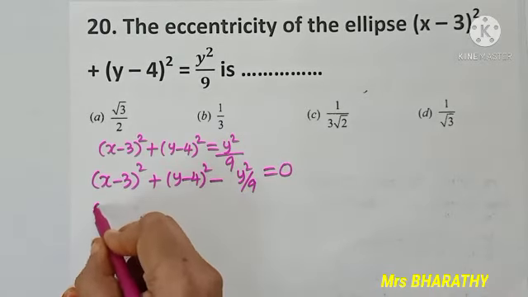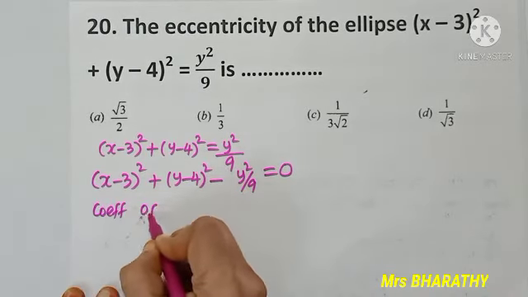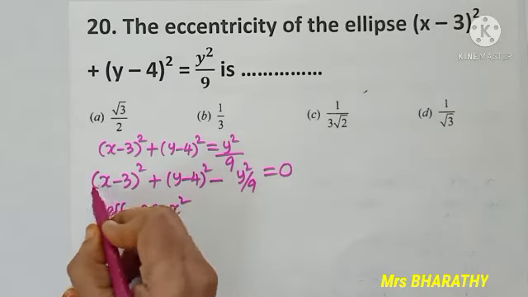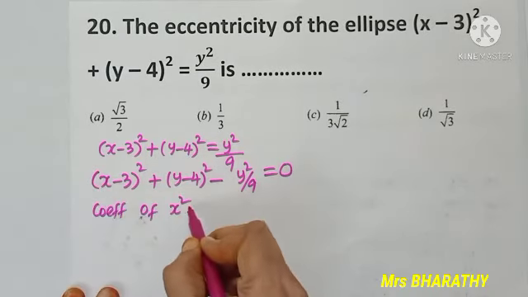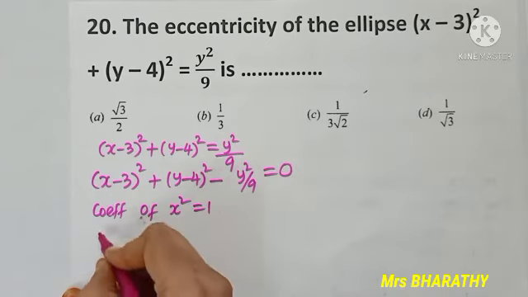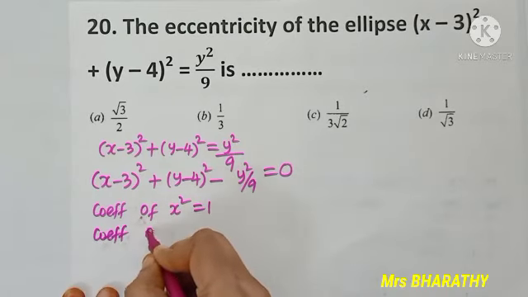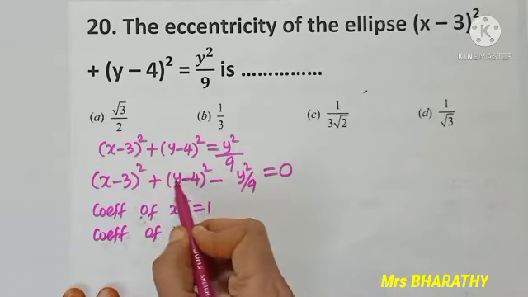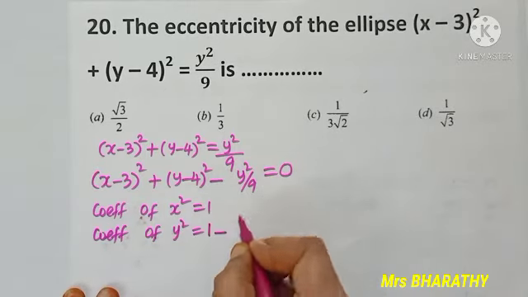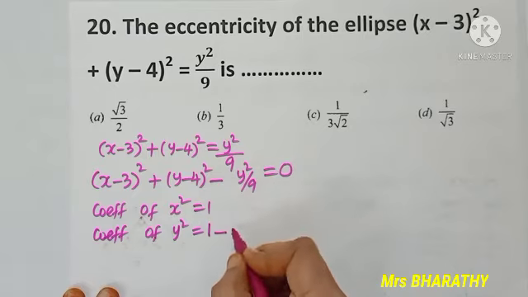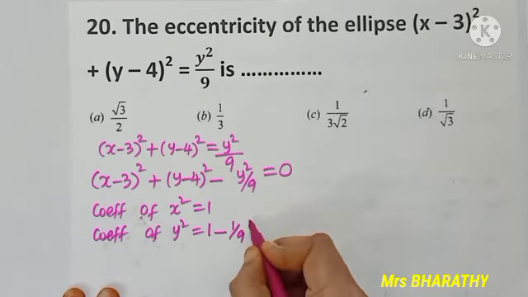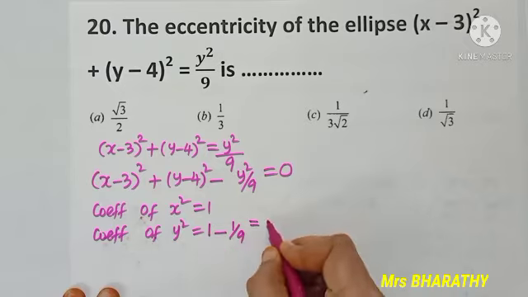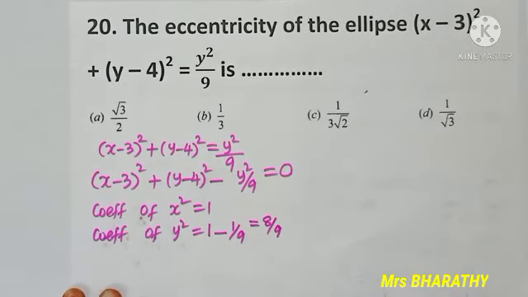We have coefficient of x square. As I expand, I will get 1. Here, if I expand and simplify, coefficient of y square. Here when I expand 1 will come. Here I have minus 1 by 9. Or if I simplify, it is 9 minus 1, that is 8 by 9.